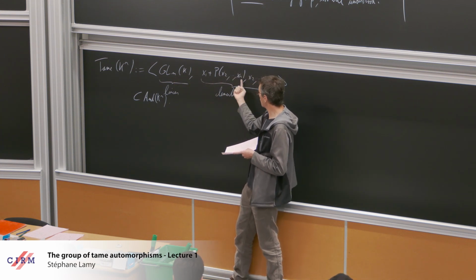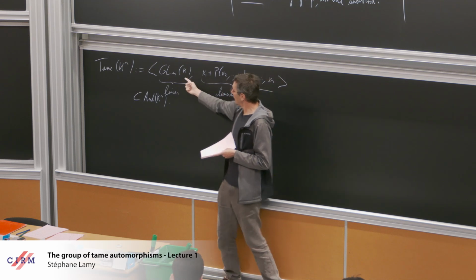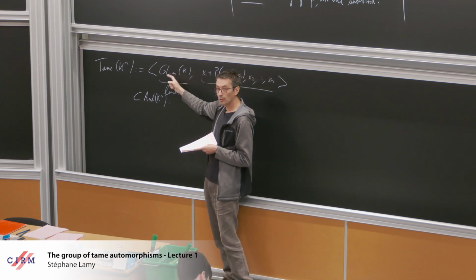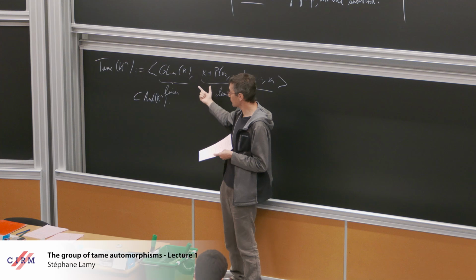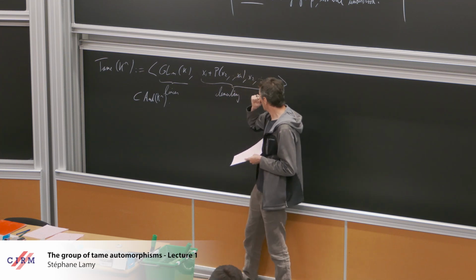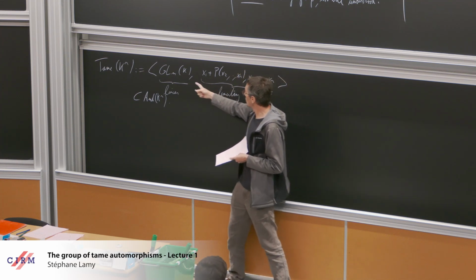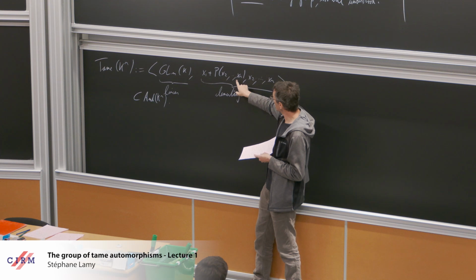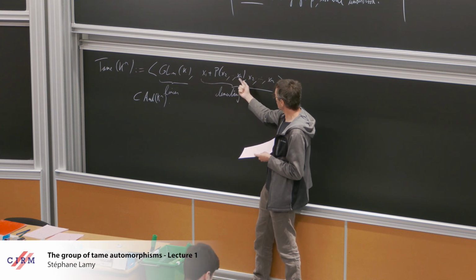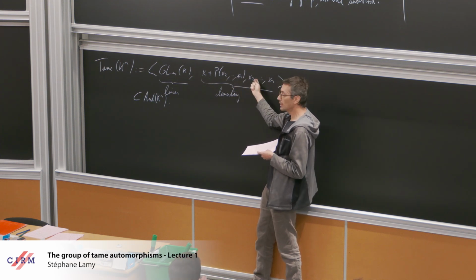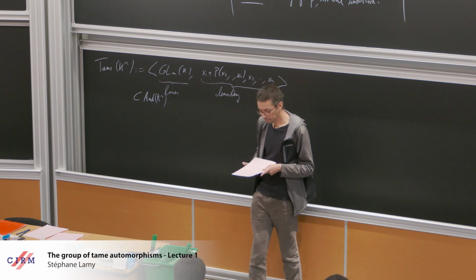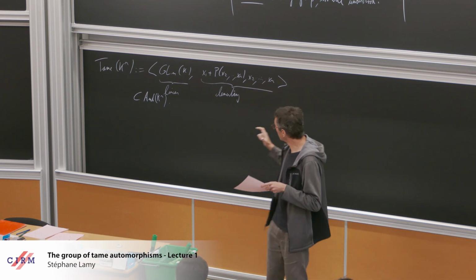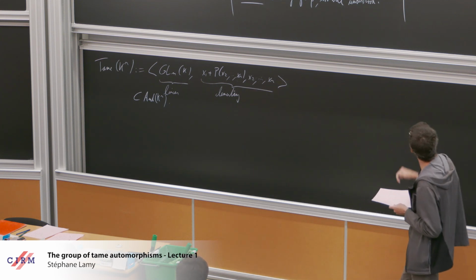If you have x1 plus 1, by conjugacy under the linear group, you have all the translations. So really, I have the affine group here. And also in GLn I have the permutations. If I conjugate this one by a transposition of x1, x2, I can put this polynomial here, and then I get everything. So it's the smallest generating set for that.